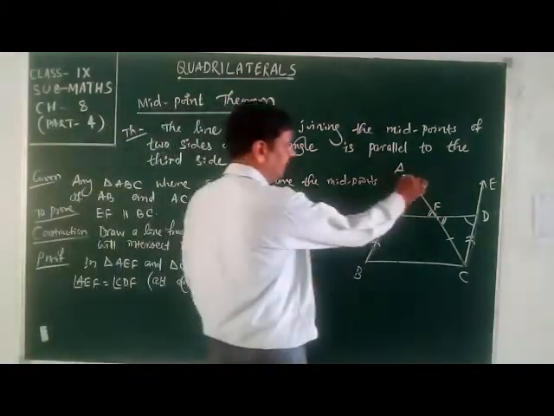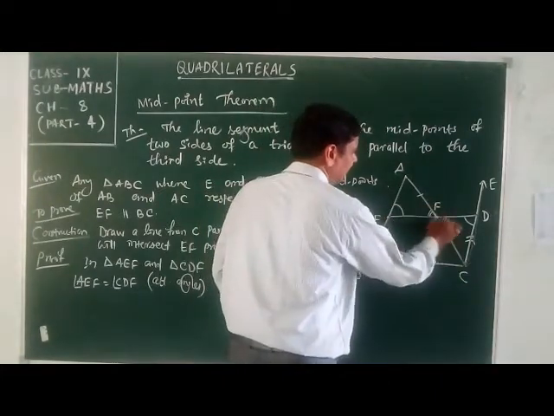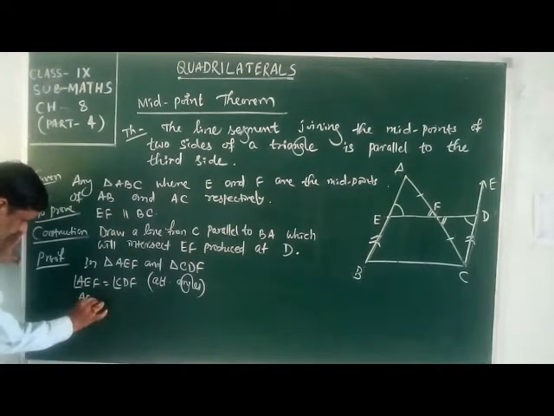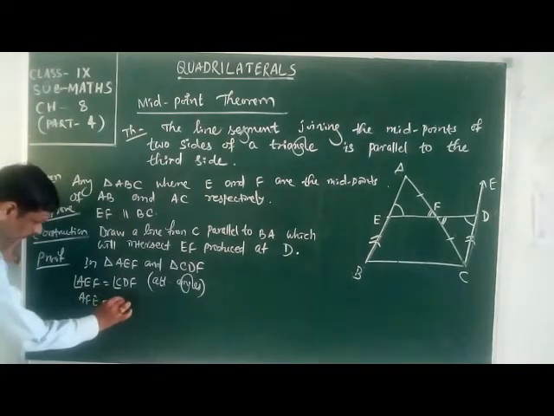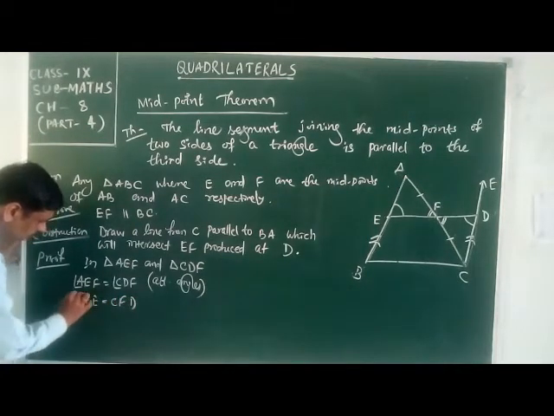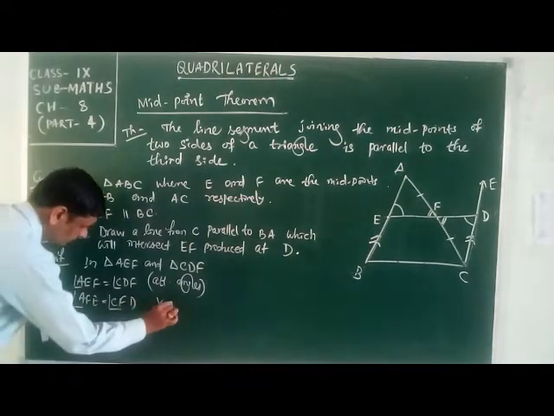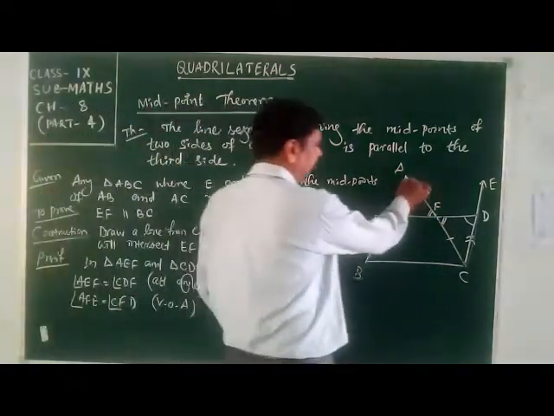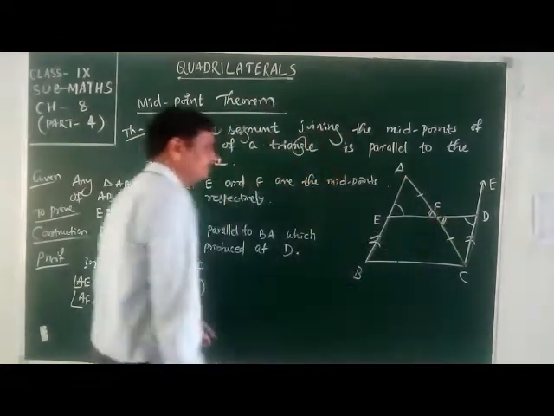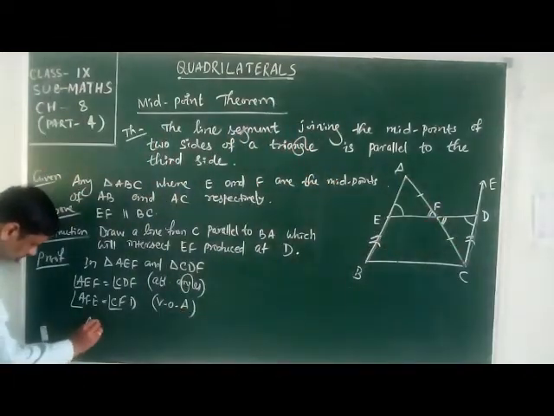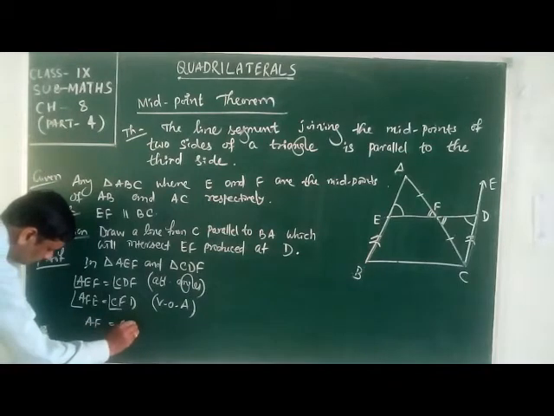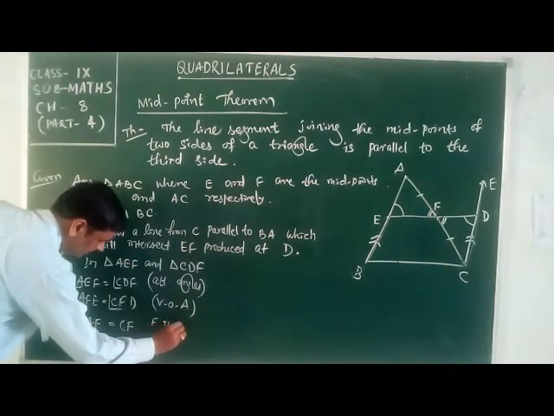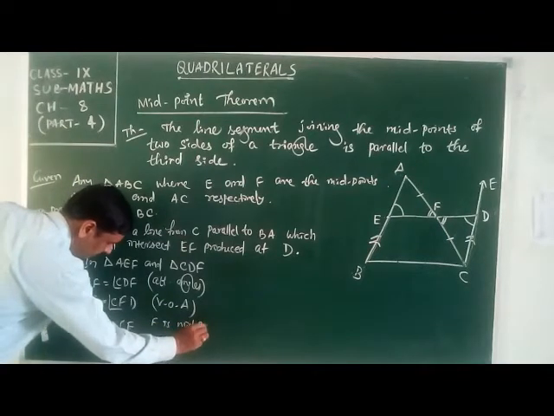Next, angle AFE is equal to angle CFD, that is vertically opposite angles. And AF is equal to CF, because F is the midpoint.